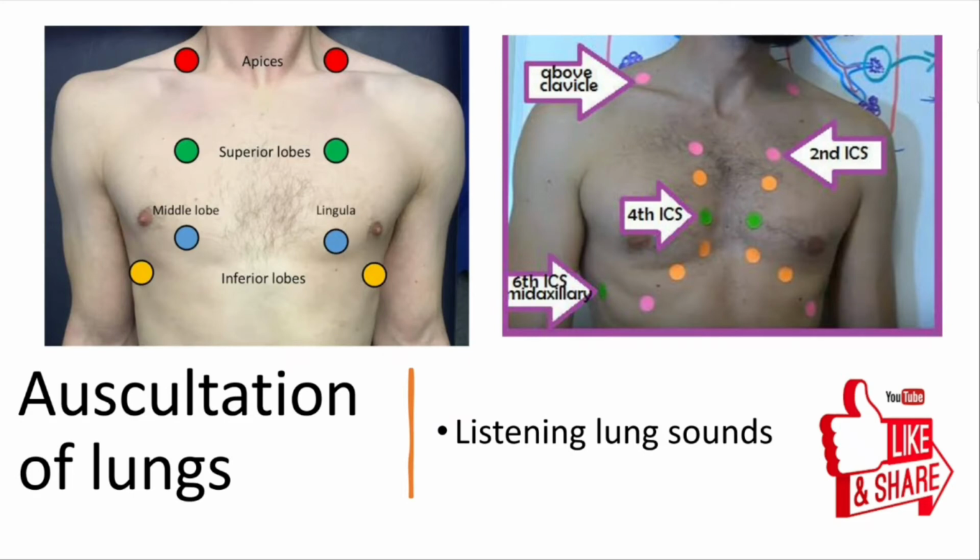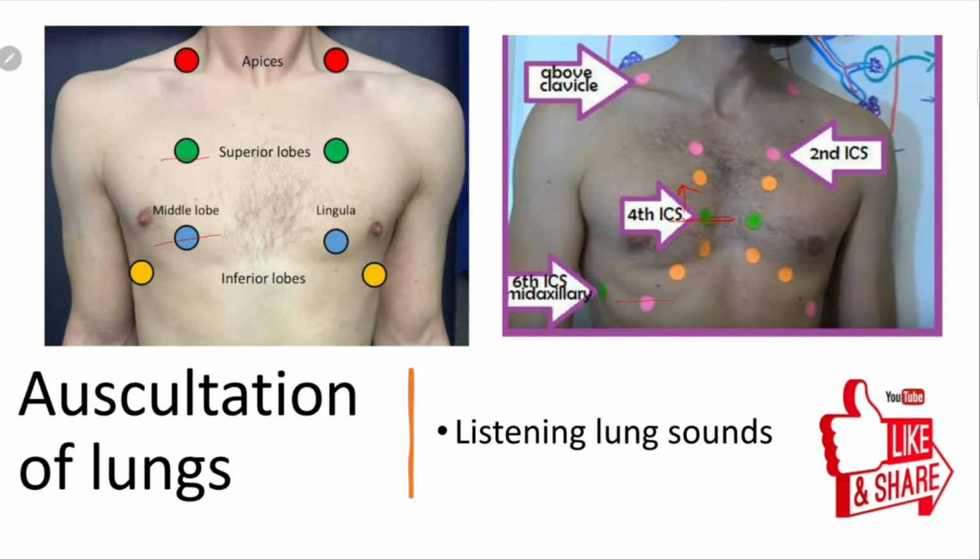Some key points to remember during auscultation of lung: the superior lobe of the right lung is audible above the fourth rib. So here, the middle lobe of the right lung is audible between the fourth and sixth ribs.